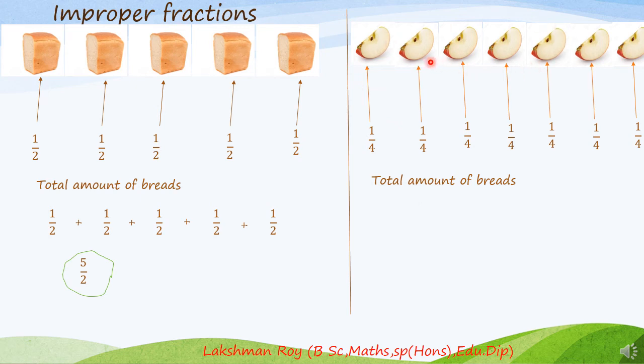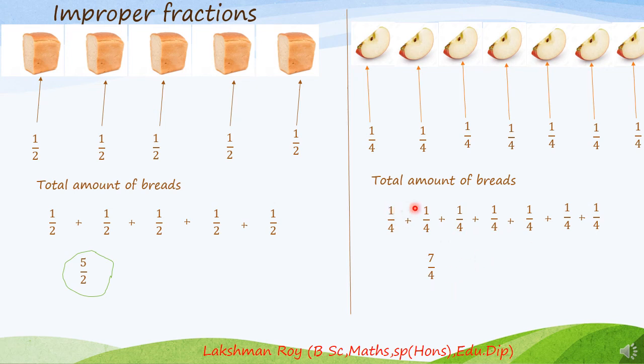That means this 1/4, 1/4, 1/4. You have to add all these quarters. You can see how many quarters are here. If you add them all, you get the total amount of apples. In the same way, the denominator stays the same, 4, and we add the numerators.